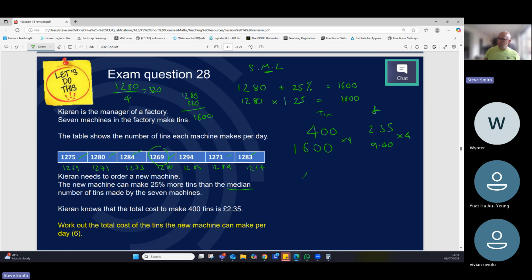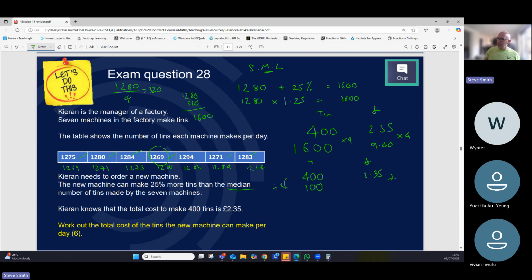Why don't we go a bit of a long way round. We know that 400 tins cost £2.35. We could go down to 100 tins, which is divided by 4.